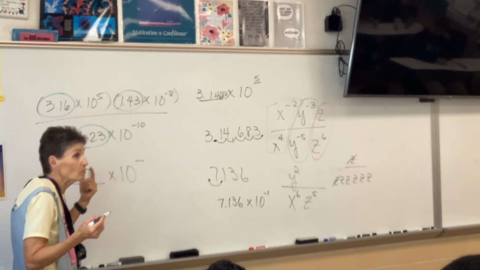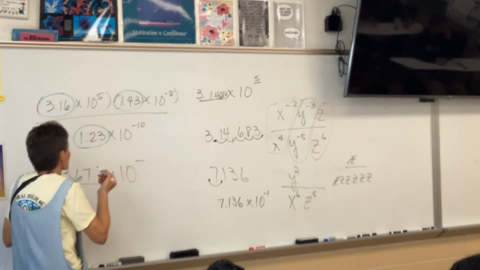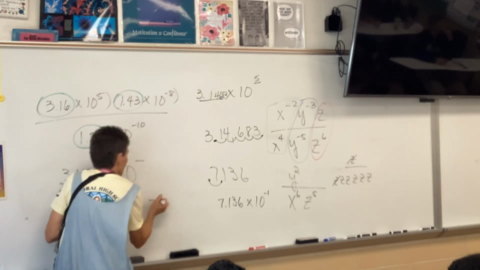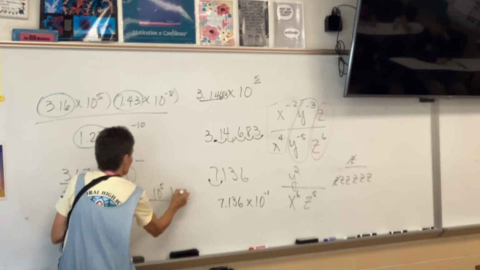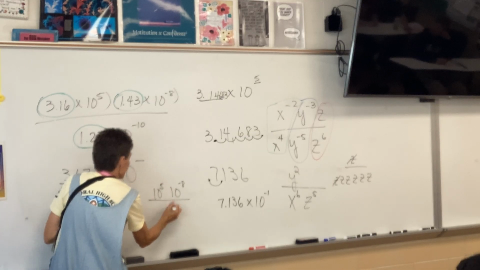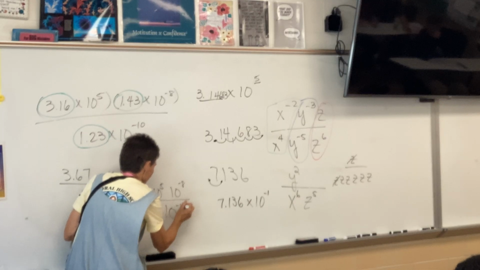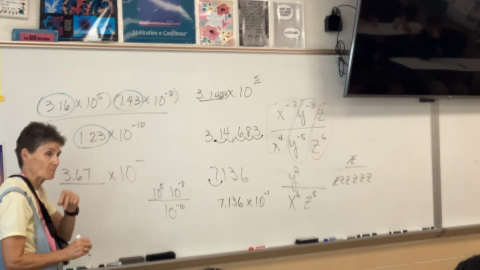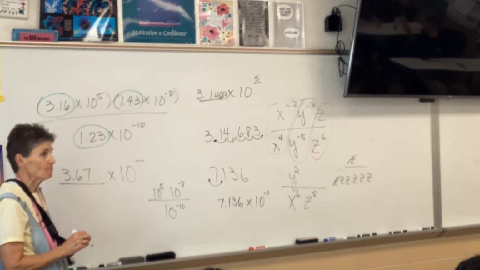Now I gotta deal with my tens. So let me just look at those for a second. I've got 10 to the fifth, 10 to the negative 8, and 10 to the negative 10. Hayden, you all right? Stay focused now.